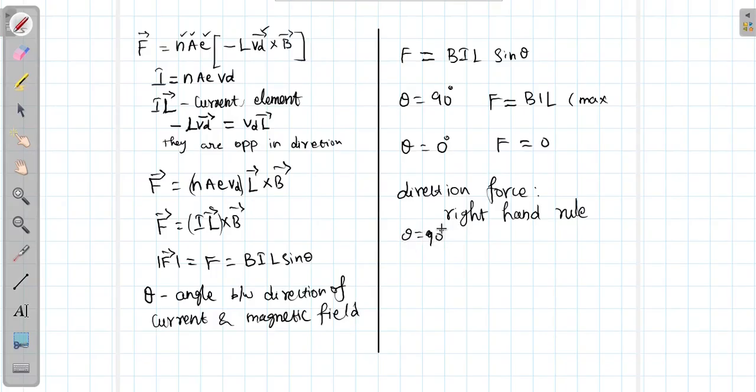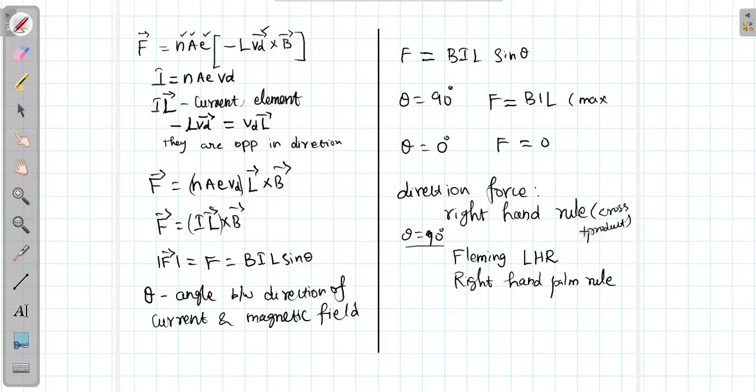When theta equal to 90 degrees, you may go for Fleming's left hand rule or right hand palm rule. Already we discussed, I think, the right hand palm rule. This is for the cross product, with any angle.